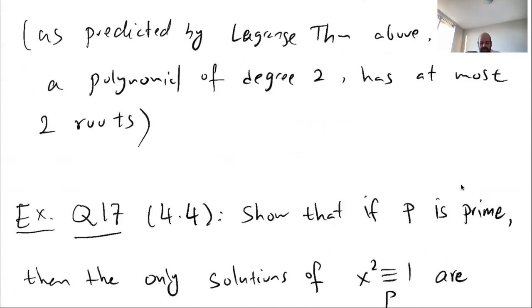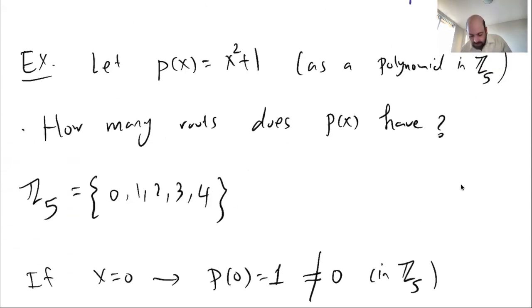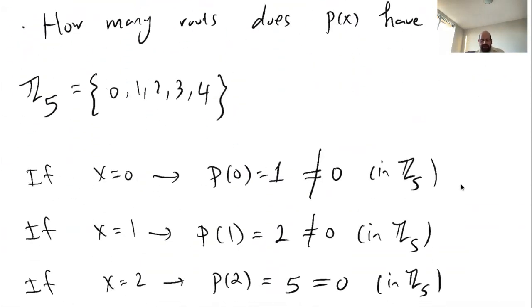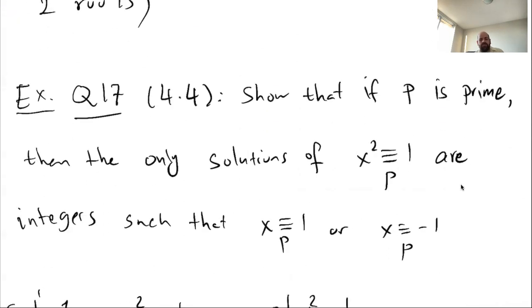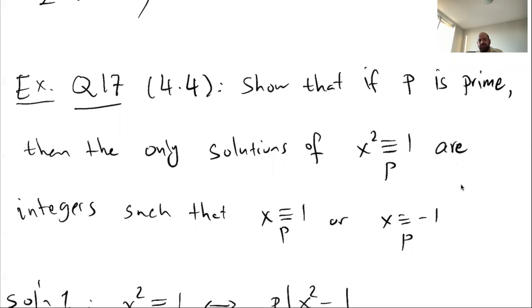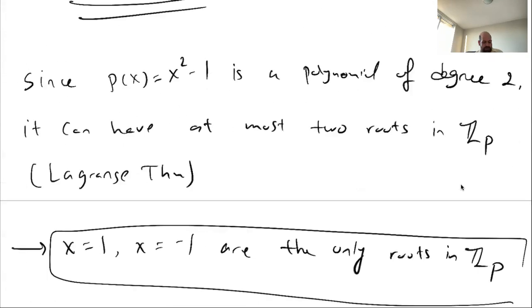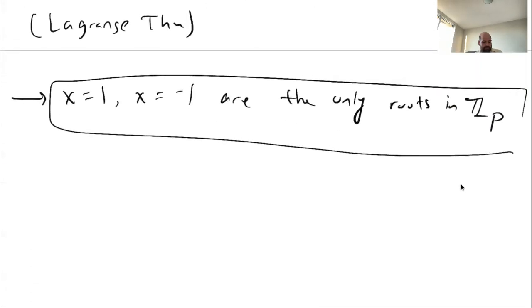The question was saying that, show that the only solutions are numbers x such that x is congruent 1 mod p or x is congruent -1 mod p. But x congruent 1 mod p means what? It means x equals 1 in ZP. And the other one is x equals -1 in ZP. So -1, of course, as I said, is same as p minus 1.